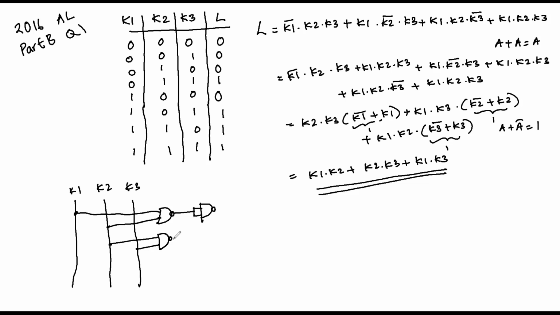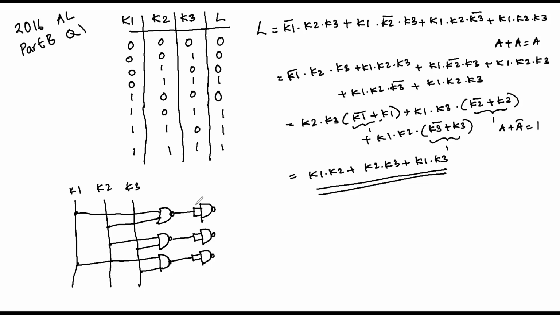Yes. So for that, again, I'm going to connect another NAND. Yes. Then we have K1, K3. So we have K1 and then K3, another NAND gate. Yes. And then we will connect a NAND gate here as well.